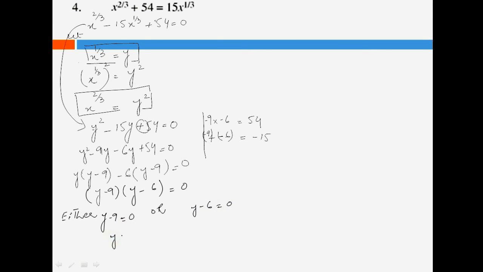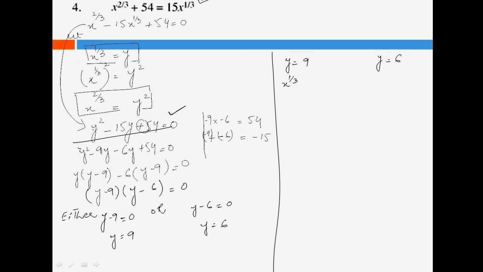So here we got y is equal to 9 and y is equal to 6. These both are solutions of this equation, but we need the solution of the original equation. So let's resubstitute the value of y, that is x raised to the power 1 upon 3, that is equal to 9 and equal to 6.